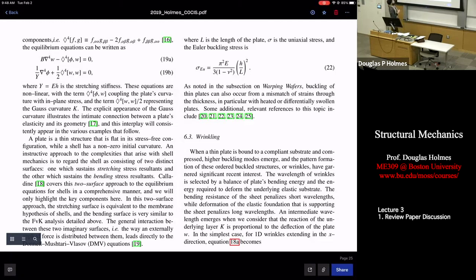This other awful operator comes about from looking at, so you might be familiar with the Jacobian.